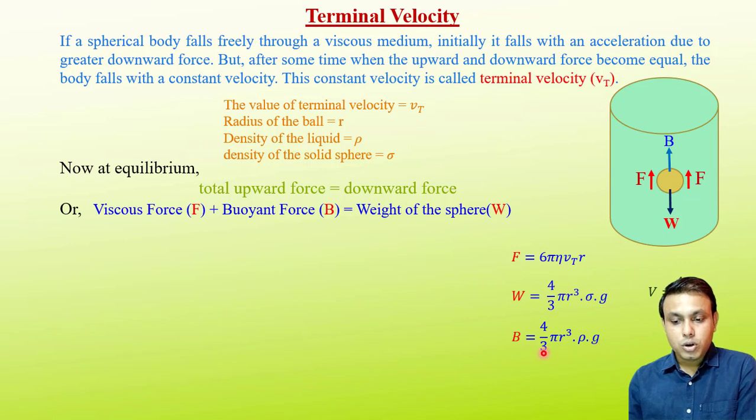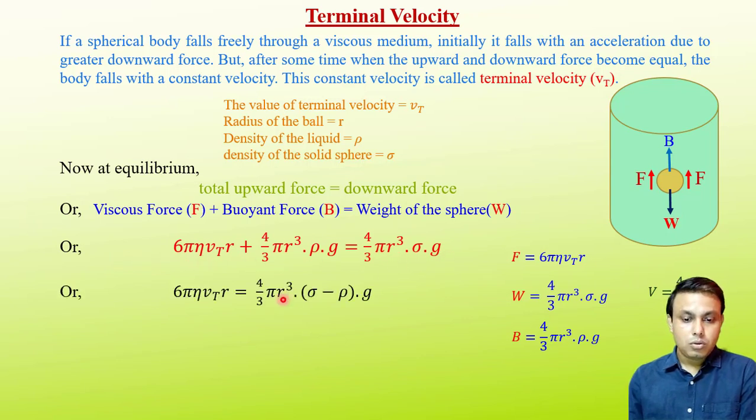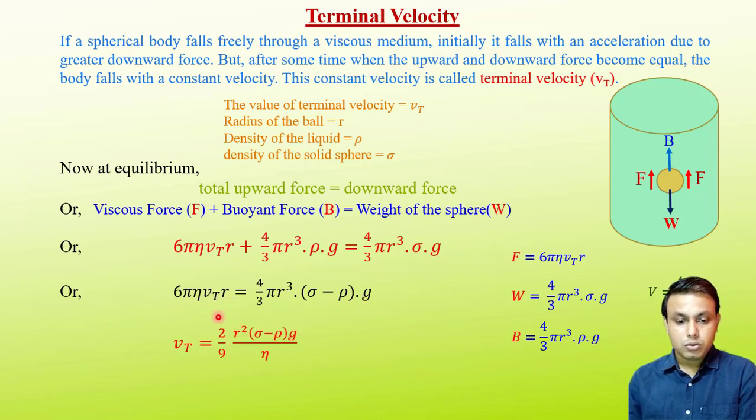So total buoyant force is 4 by 3 pi r cube rho g. Therefore this equation may be written in this way. Now this may also be represented as this. Therefore Vt will be equal to 2 by 9 r square (sigma minus rho) g by eta. So this gives you the expression of terminal velocity.